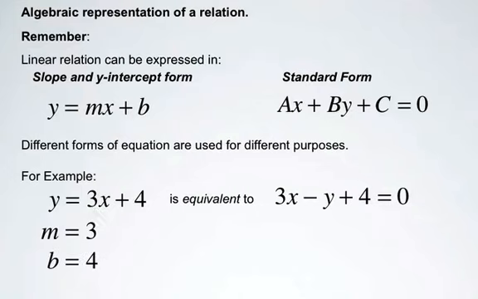And we can also find out b, or the intercept. So from this first form, we can identify the slope and the y-intercept. Using standard form, we can identify a, b, and c.